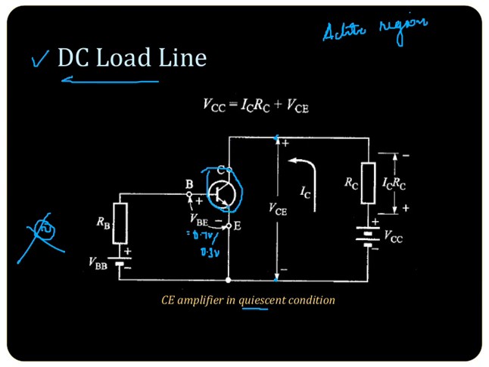But the performance of this particular transistor is limited, or you can say that the external circuit is putting a constraint on the voltage and current.